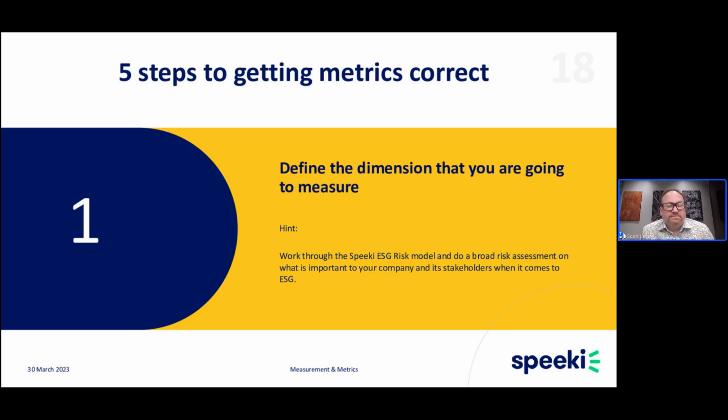Here are the 5 steps. Number 1, first thing you need to do is define the dimension that you're going to measure. So first step on establishing metrics is working out, based on the risk model that you have, the risk areas that you have that form part of your definition of ESG, what are the areas that you are going to focus on in terms of dimensions? Is it, for example, diversity that we've just talked about?